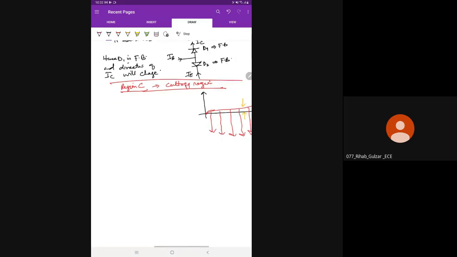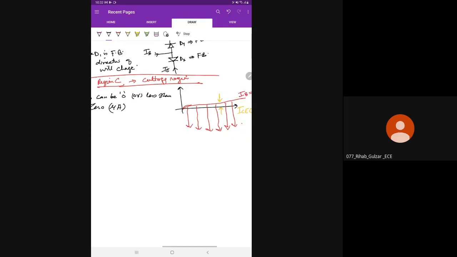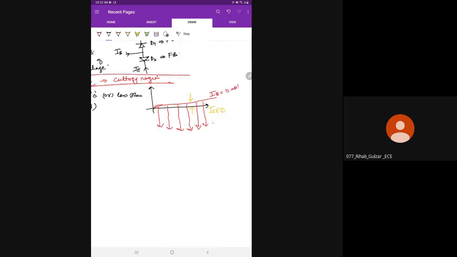Now see here, in the cutoff region, IB can be 0 or it can be less than 0 microamperes. अगर ये positive होगी, then the curves will go like this, तब ये ऊपर जाएंगी curves. तो definitely ये positive तो नहीं होगी, या तो 0 होगी या तो less than 0.